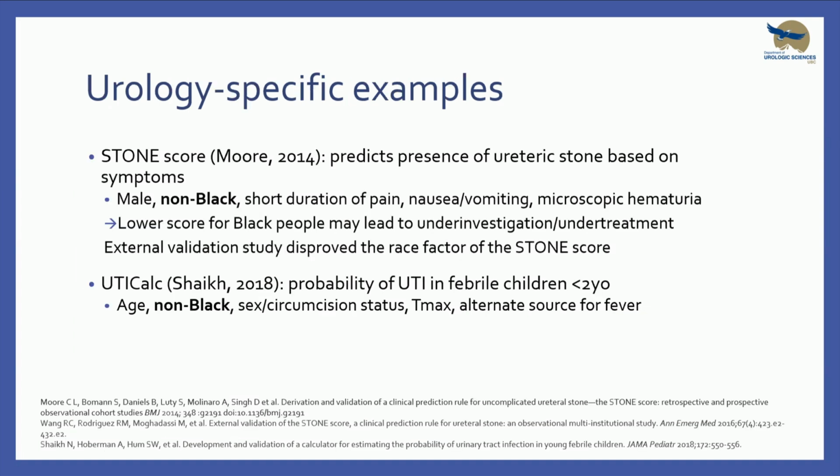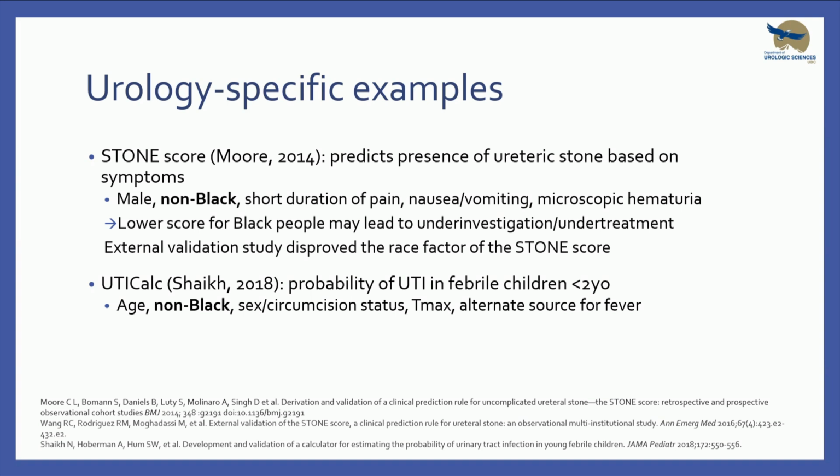This paper points out several urology-specific examples of clinical algorithms that have race in them. One is the STONE score, which was published in the BMJ in 2014 by a group out of Yale. It was a clinical score, the goal of which was to predict the presence of a ureteric stone based on symptoms, so basically a pre-test probability before you would get a CT.